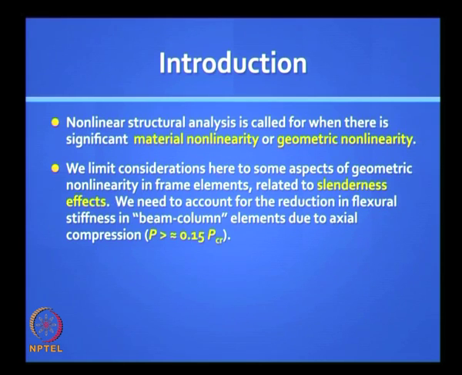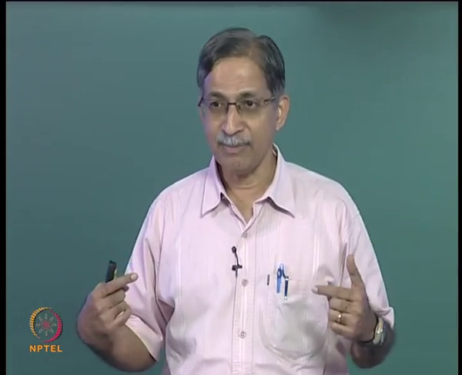We need to account for the reduction in flexural stiffness in beam column elements due to axial compression, and we briefly looked at this earlier. If I have a beam, the flexural stiffness is either EI by L, 3EI by L, 4EI by L depending on the boundary conditions, but those values will reduce if I have axial compression acting in that element, and those values will increase if instead I have axial tension.